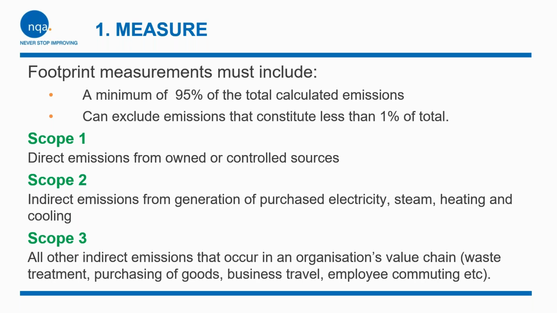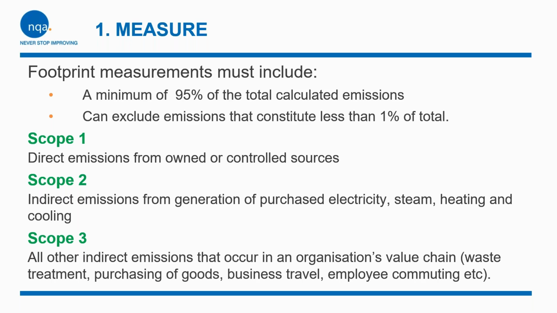And the UK government every year produces figures to say a kilowatt hour of electricity produces this amount of carbon. And then scope 3, and somebody's already jumped in. Does scope 3 include financial services? Yes, it does. All other indirect emissions that occur in an organisation's value chain. Now, obviously, in there, I've just put waste treatment, purchasing of goods or services.